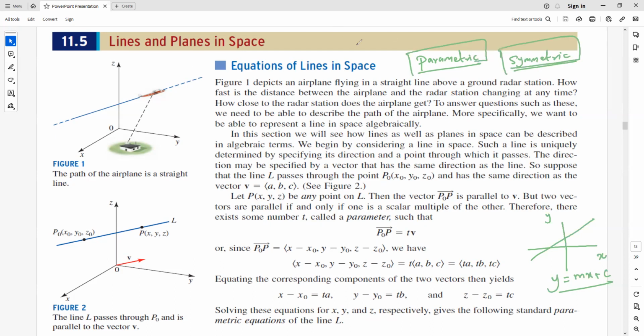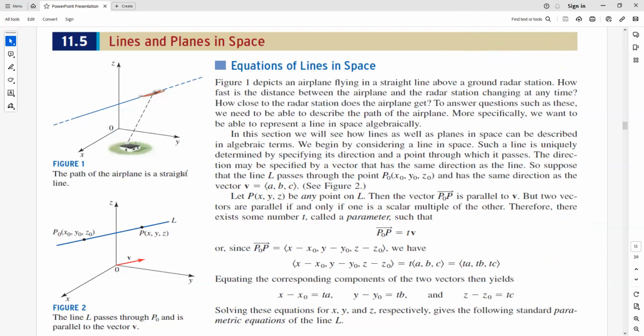And what we need for the representation of a line is a parallel vector. If we have a line here, this is a straight line in 3D, then to define its equation in parametric form, we need a vector parallel to this line, and a point on the line.